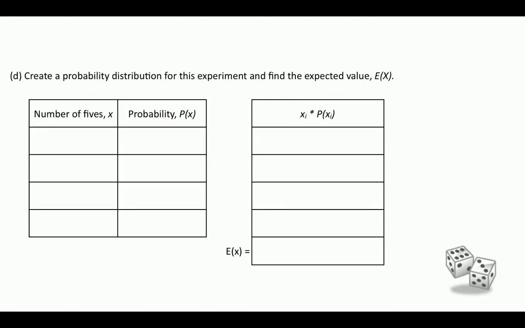Let's note that in 3 trials, we've already investigated the probability of getting no 5s, 1 5, and then all 3 5s. So in terms of all the possible outcomes, we're just missing the probability of getting 2 5s. And so if we want to create a distribution for this experiment, then we want to set out the values for x and then find the probability for each value.